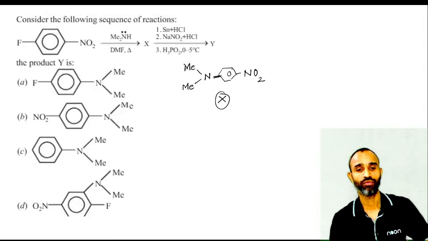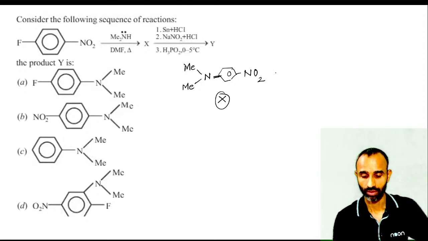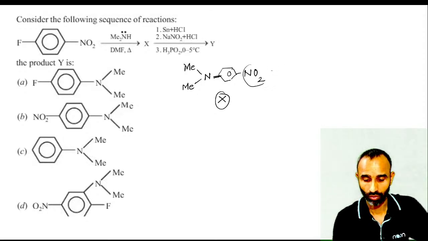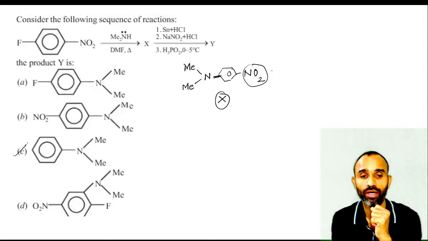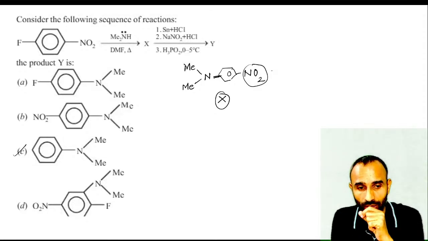Now after formation of this product, NO2 can be removed easily. So that means option C is correct. Is C correct?